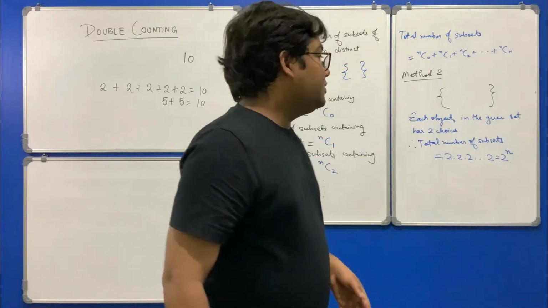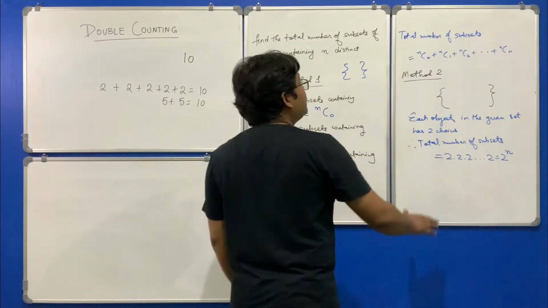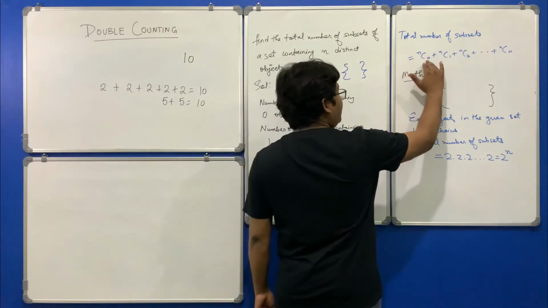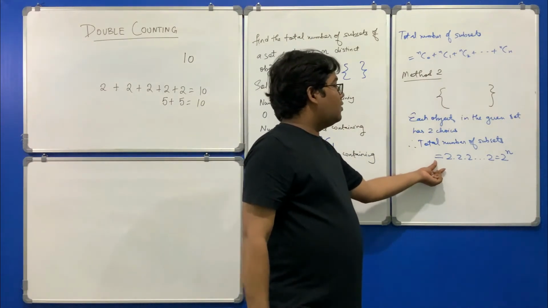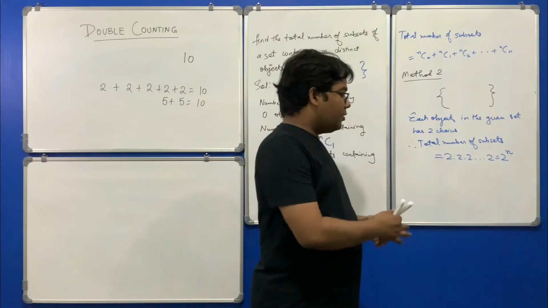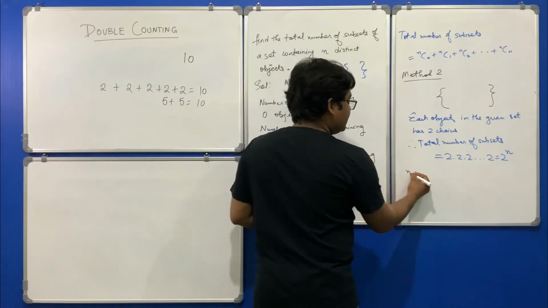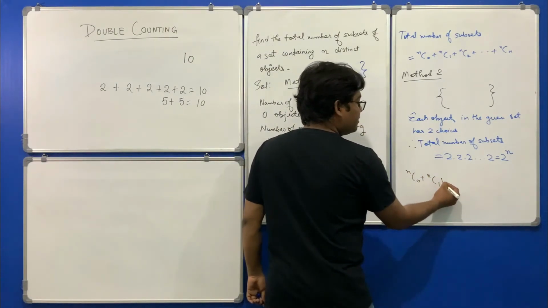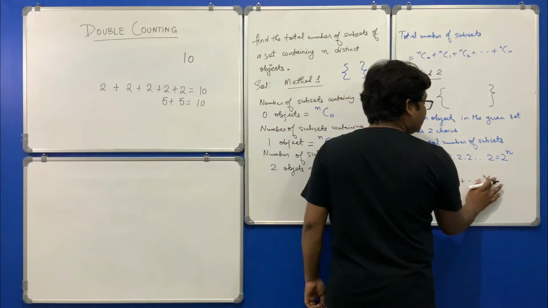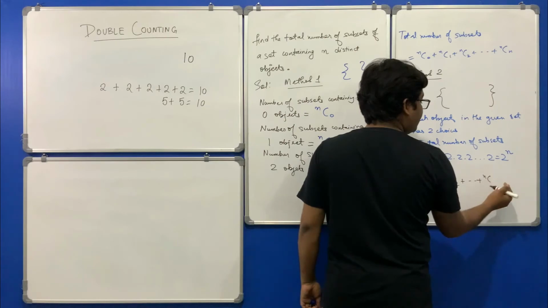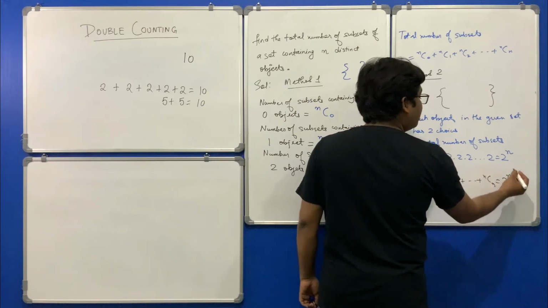Alright. Now the formula that we have obtained here and the formula that we have got here are counting the same thing, so they must be equal. So we end up with NC0 plus NC1 plus NC2 plus ... plus NCn must be equal to 2 raised to the power n.